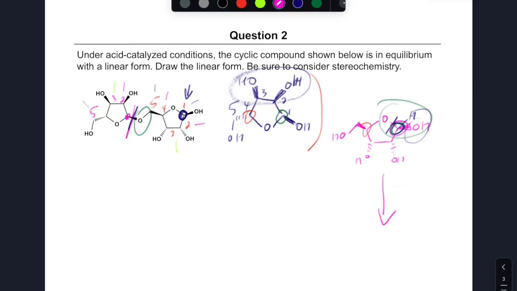Hydrolyzing this, and we're not going to straighten it out quite yet. We're going to leave everything else common, so that becomes OH. Over here, aldehyde. Dash OH, dash OH, and OH. And again, numbering those off, carbons 1, 2, 3, 4, 5 correspond to carbons 1, 2, 3, 4, and 5.